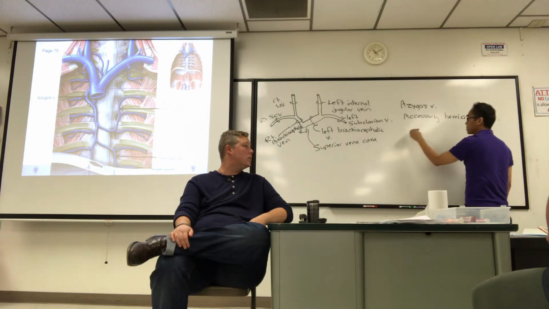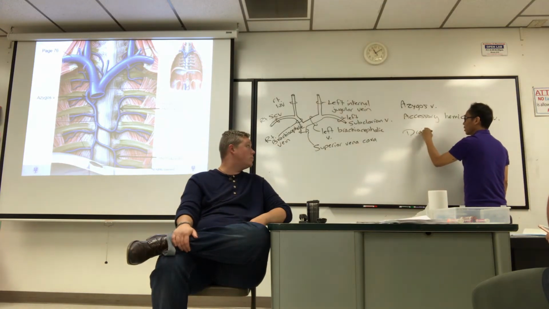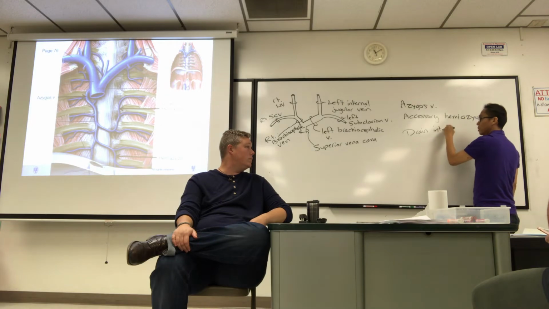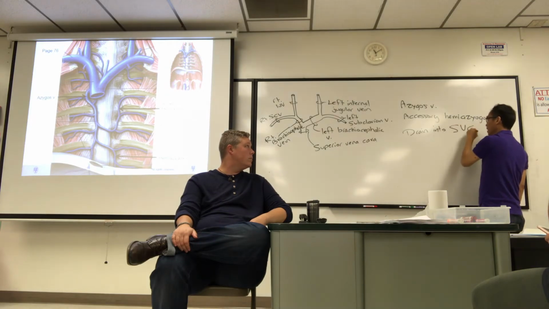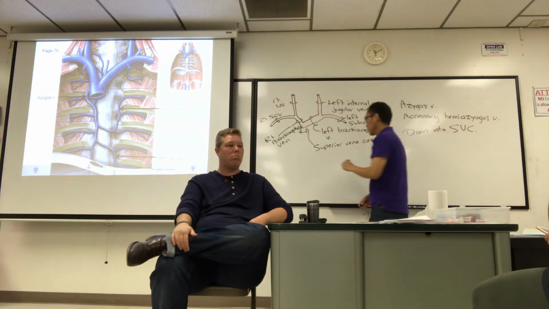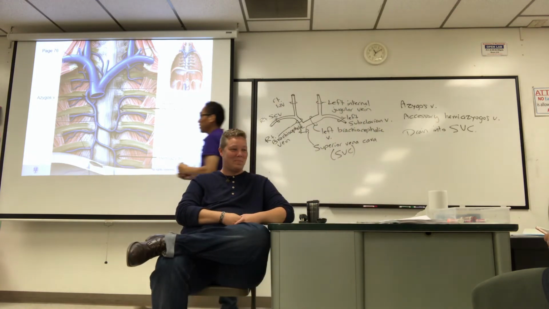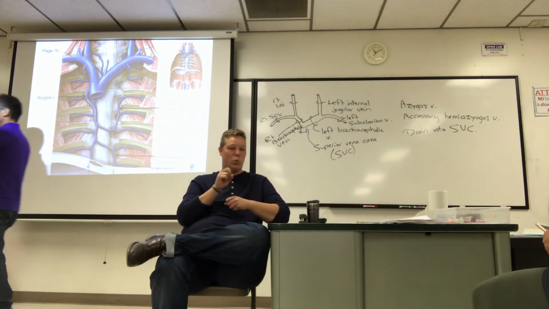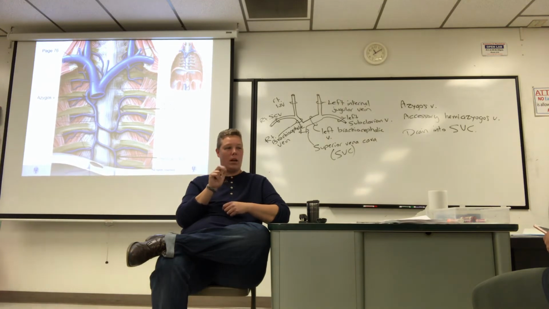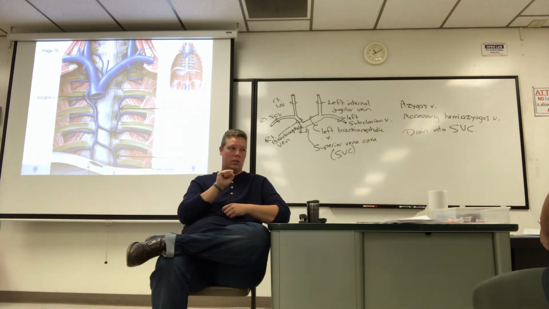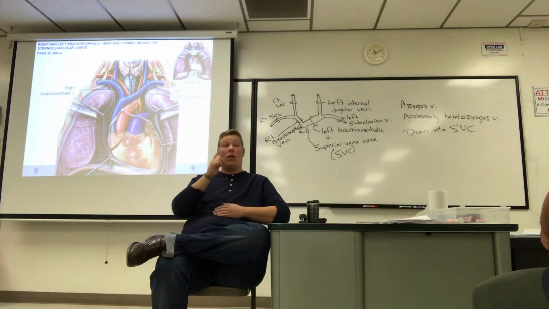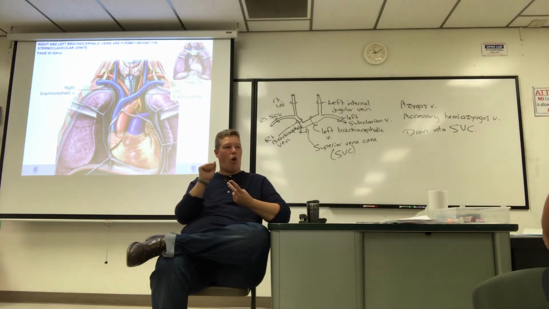Okay, both of these drain into superior vena cava, SVC. So I always use SVC as an abbreviation for superior vena cava. If you throw in the heart and the other arteries with the veins that we just outlined, well, basically you get this picture.